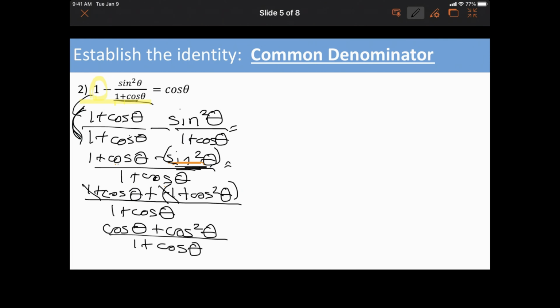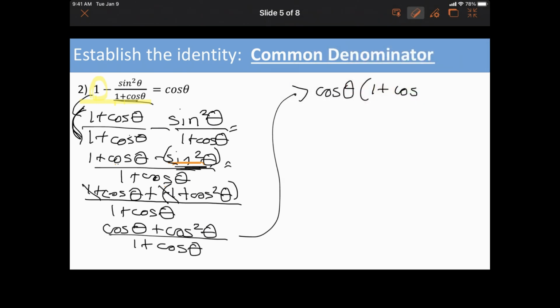Okay, so are we close? Yes. So we're looking in the top, in our numerator. Okay, I'm going to continue it up here. Is there anything in common? Answer is yes. I have cosine theta, and I'm going to factor that out. Right.